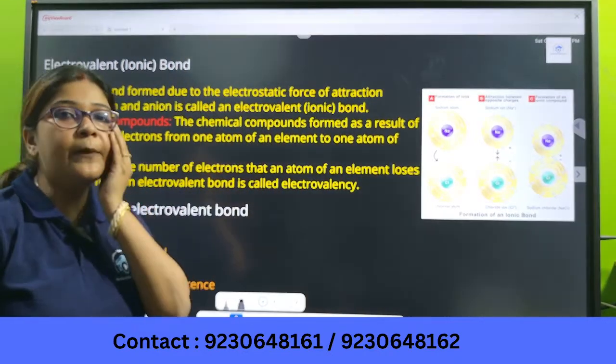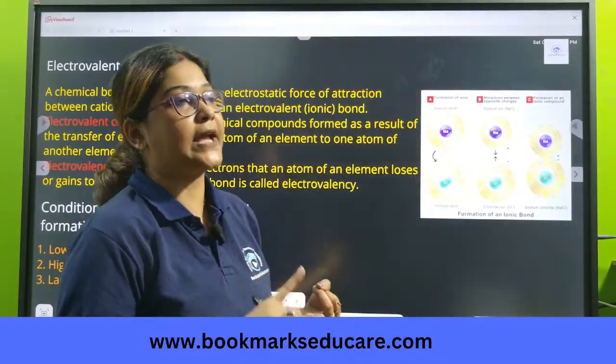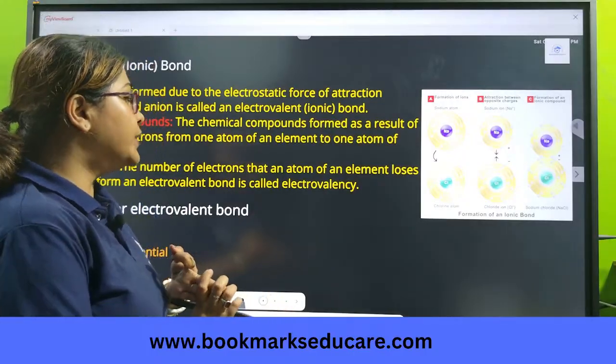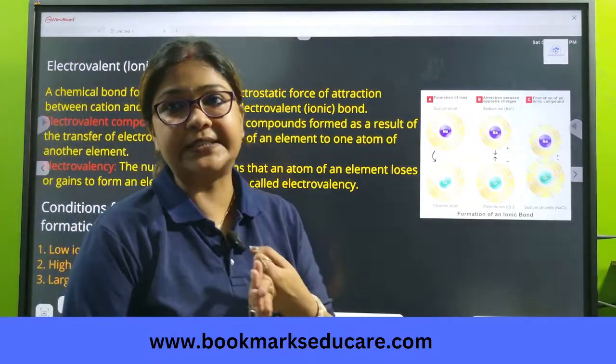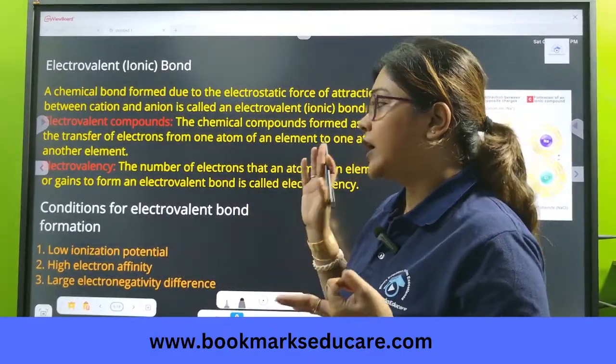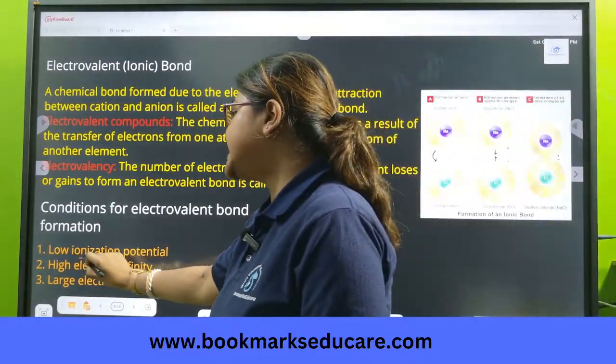Now, what are the conditions for an electrovalent bond to be formed? If you know about the periodic trends like ionization potential, electron affinity and electronegativity, these three factors are very important for the generation of an electrovalent bond. What is ionization potential?